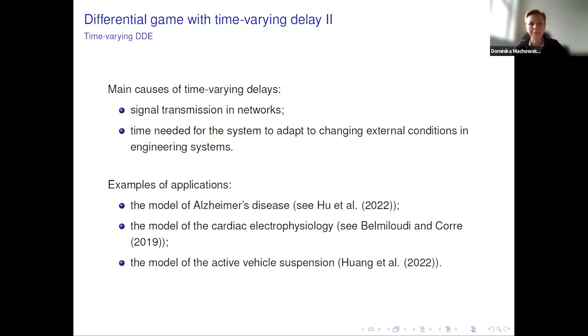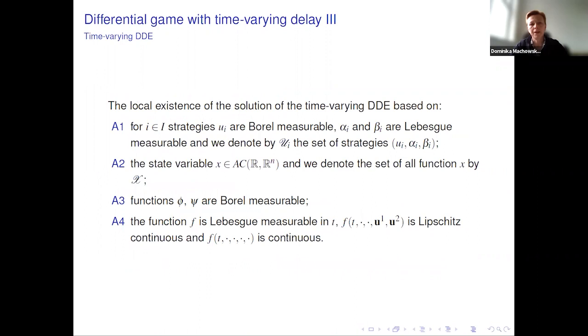Okay, so next, a little bit of mathematics about the differential equations. So we assume that for each player, u_i are Borel measurable, alpha_i and beta_i are Lebesgue measurable, and the state variable belongs to the absolutely continuous space of functions. And phi and psi are the functions which describe the non-linear dependence on the delay.